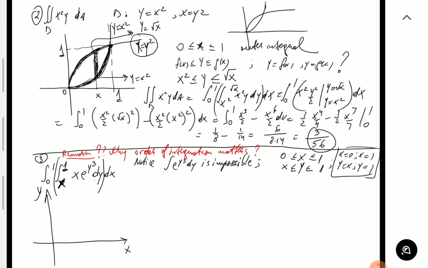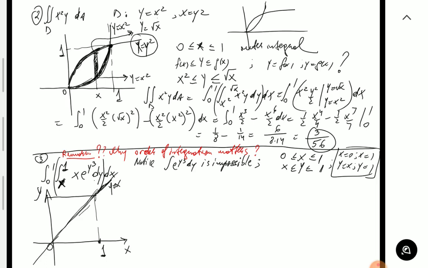So x is between 0 and 1. Let's say this is 0 and this is 1. y equals x, it's the middle line here, the diagonal. And then x equals 1 over here. y equals 1. Okay, so let's recap.